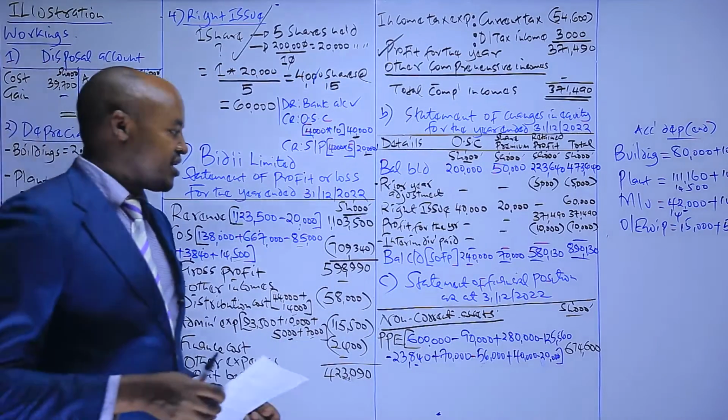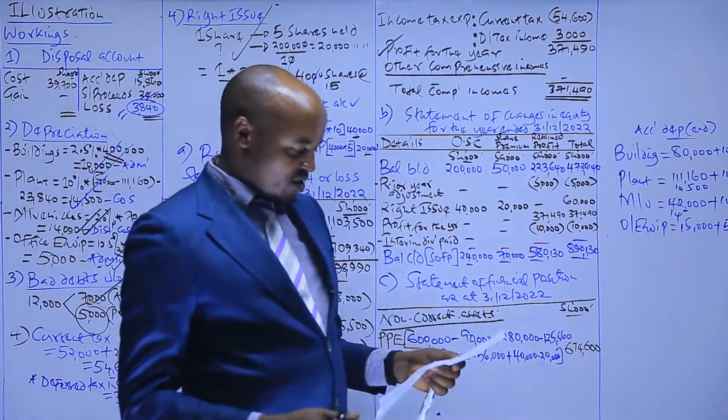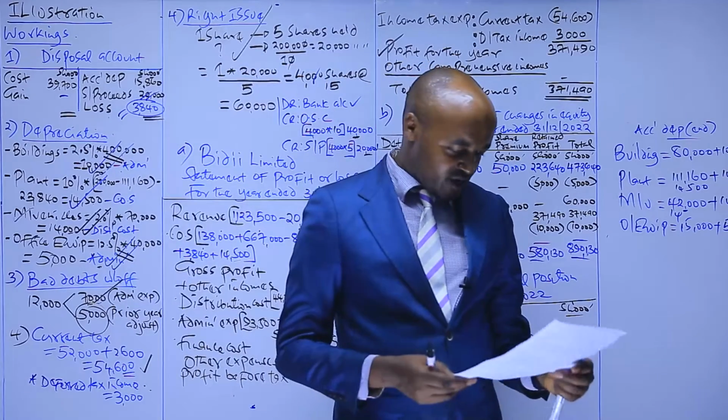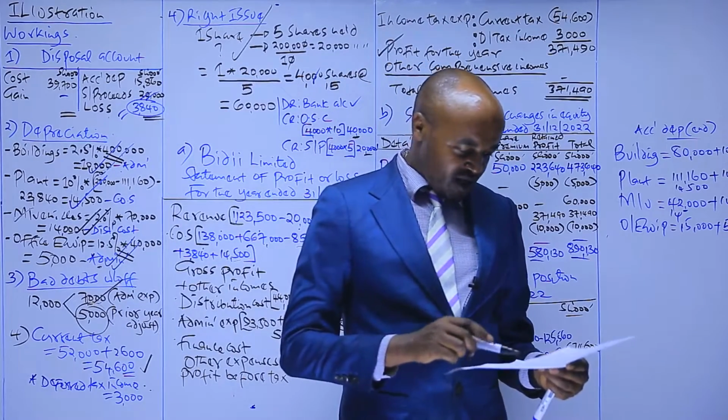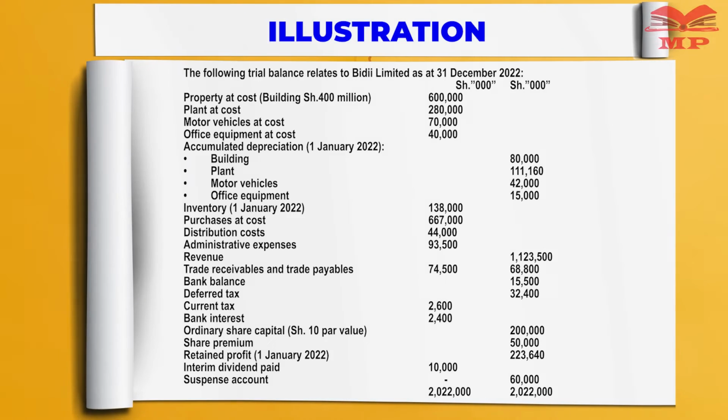And then here we said we check for other assets like intangible assets, investments, and so on. So let's go back to the information we have in the trial balance. In the trial balance we have already captured the first items of PPE: property, plant, motor vehicle, office equipment. Below that we have accumulated depreciations. And then we have opening inventory, purchases, distribution, admin, revenue. We have already captured all those items here. Trade receivables and trade payables are items of current assets and current liabilities respectively.